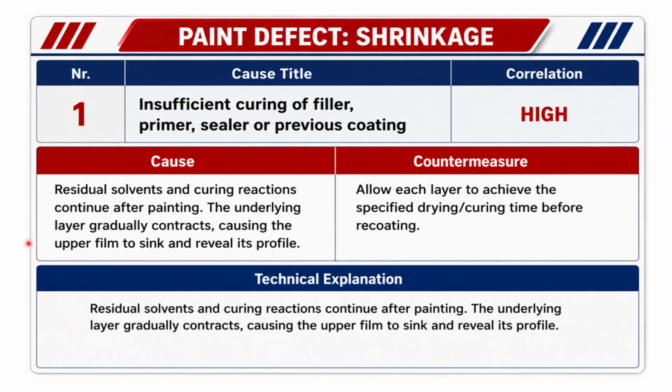It can be further explained: residual solvents and curing reactions continue after painting, and the underlying layer gradually contracts, causing the upper film to sink and reveal its profile. The recommended countermeasure is to allow each layer to achieve the specified drying and curing time before recoating.